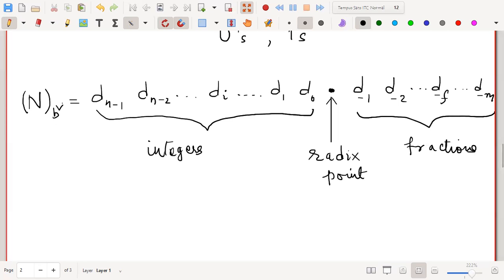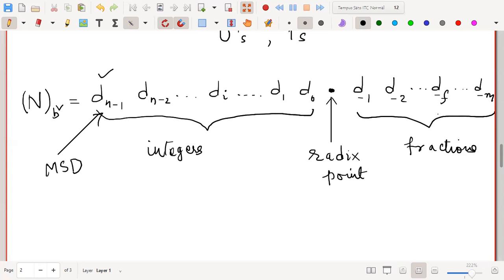And you see here d_n-1, we will call this the most significant digit. I am writing this in short, the MSD.